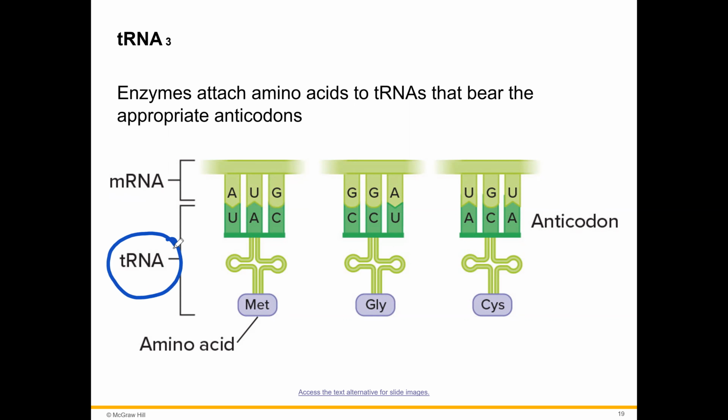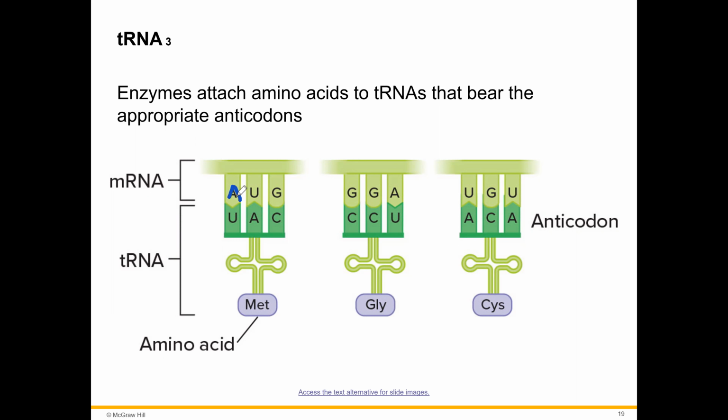Now tRNA must attach itself to mRNA. So how does tRNA attach itself to mRNA? Well, because the tRNA has an anticodon, and the anticodon is complementary to a codon of mRNA.